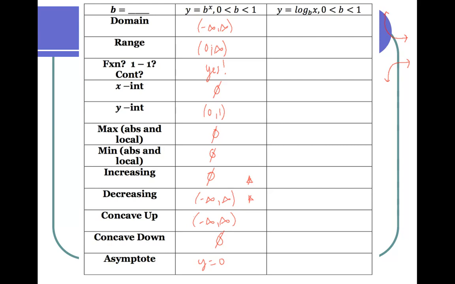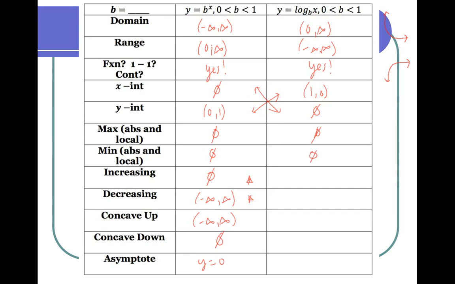I wish I could go back and see it, but then this is going to get erased. It's okay. So between 0 and 1, the domain is now from 0 to infinity. The range is all real numbers. It is a function. It is one-to-one. There is an x-intercept. It's at (1, 0). There is no y-intercept. There's no max. There's no min.